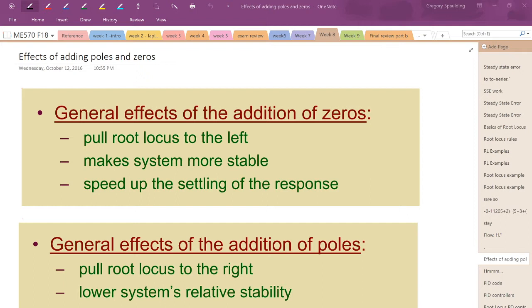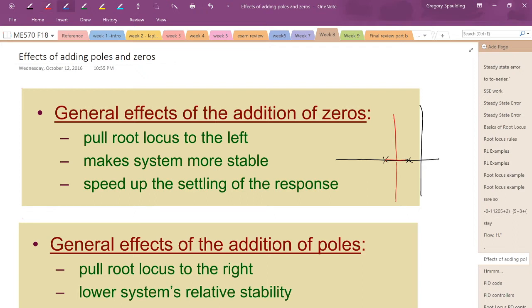The general effects of adding a zero: it pulls the root locus to the left and makes the system more stable, and speeds up the settling response of the system. Here we're talking in general about, let's just imagine a second order system. We've got a couple of poles here, and our root locus without any kind of controller, or just a simple proportional controller, would look like this.